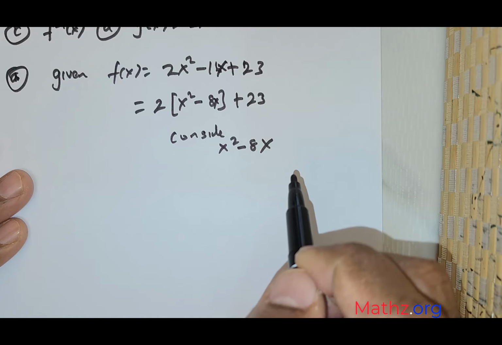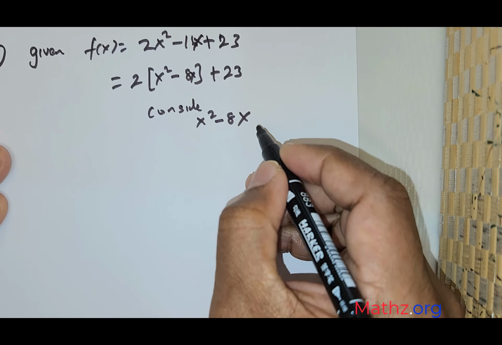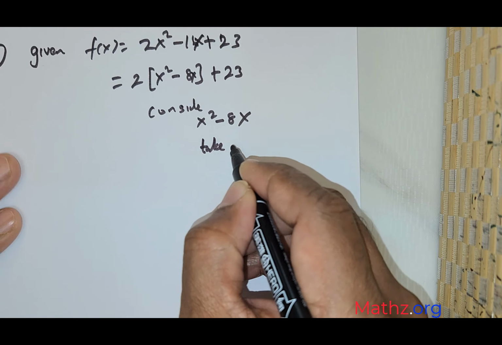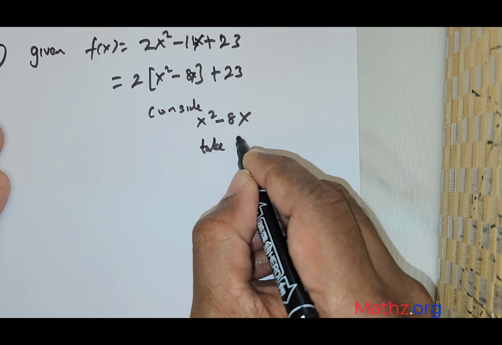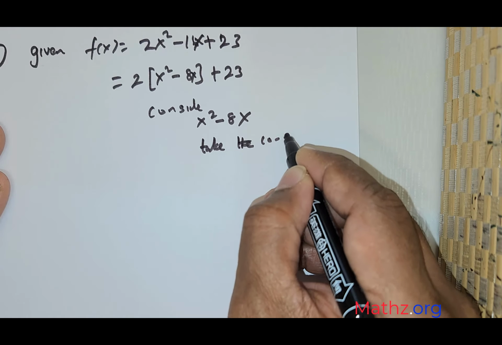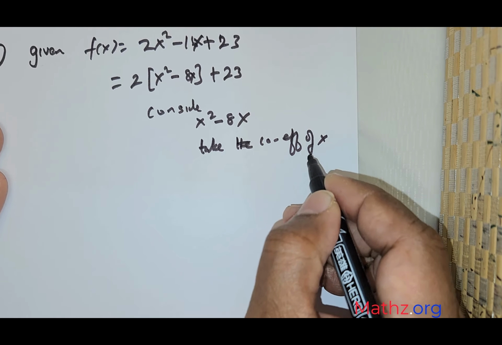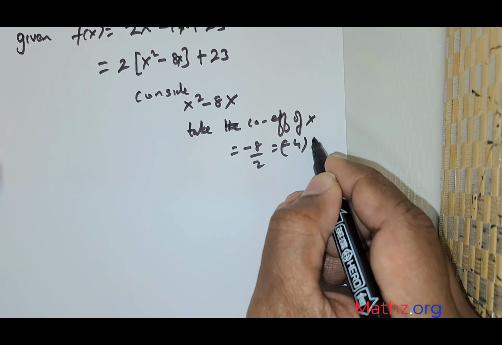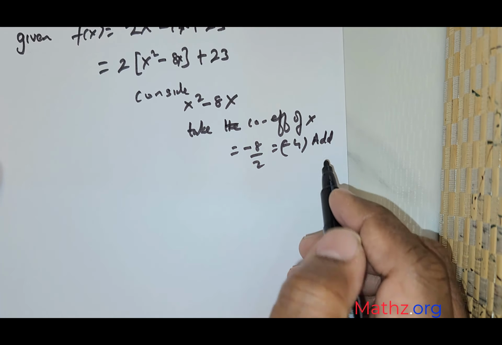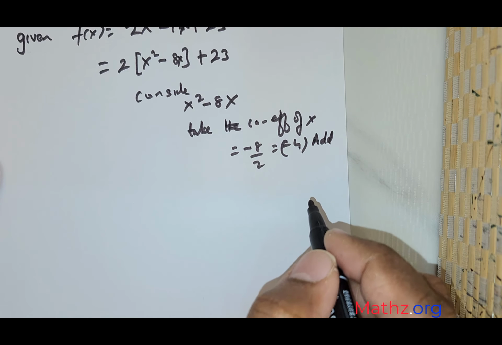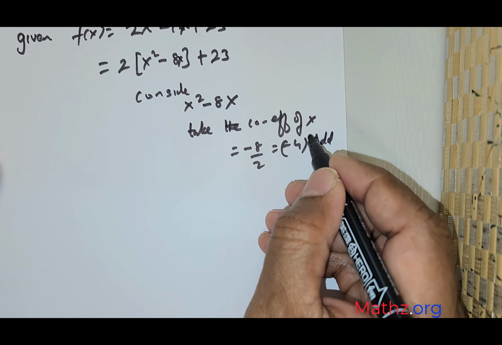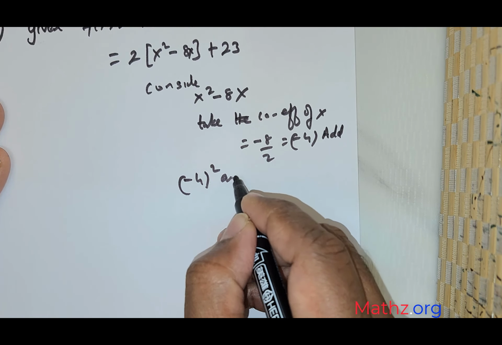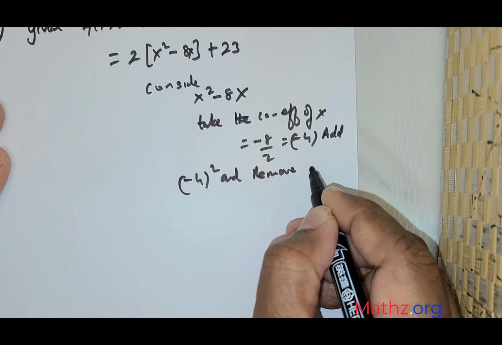Now what I wish to do is take the coefficient of x, which is negative 8, you divide by 2, you get negative 4. Then you add negative 4 squared, and remove negative 4 squared.